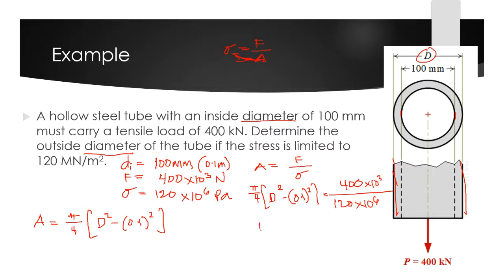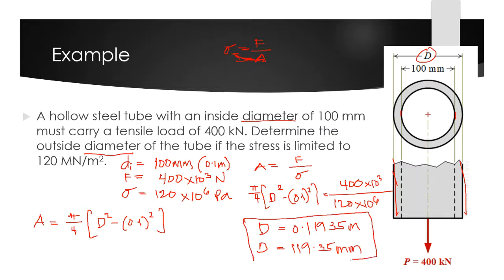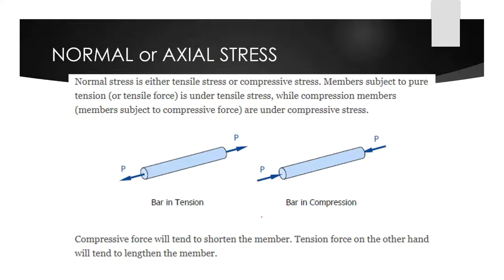So if you shift solve this in your calculator, our D is equivalent to 0.11935 in meter, or that is equivalent to 119.35 in millimeter. So either of your unit or either of the answer, depending on the unit, is still correct.